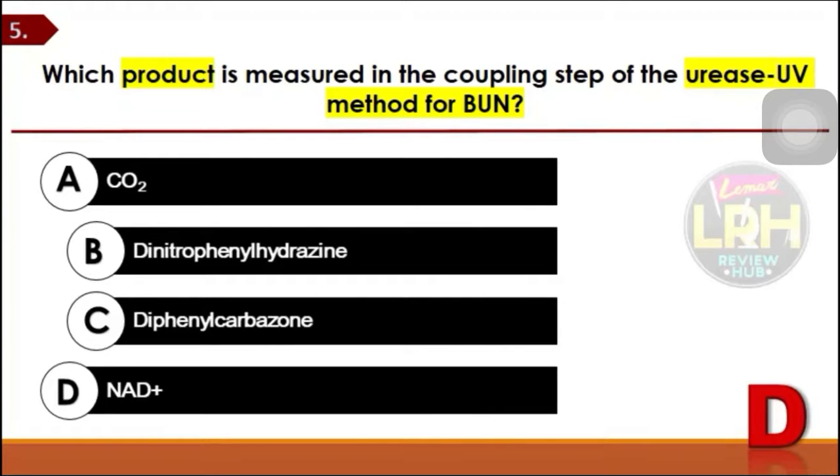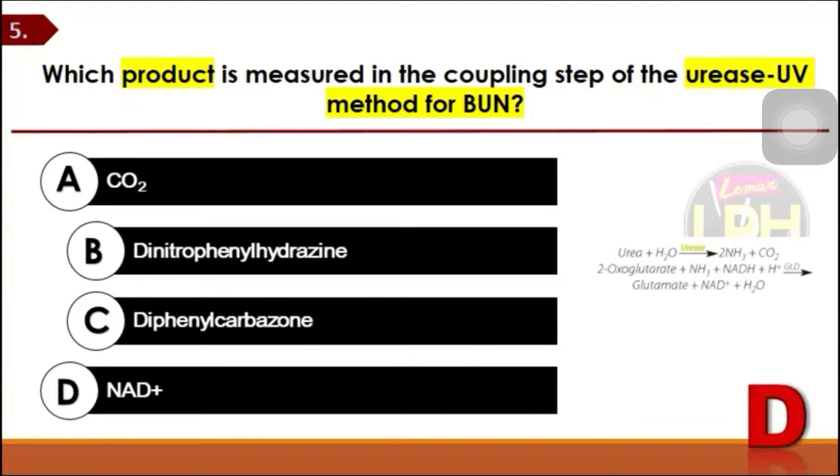Again, letter D. Remember that BUN is most frequently measured by the urease UV method, which uses a urease reaction coupled to a glutamate dehydrogenase reaction, generating NAD+. Urease is used to hydrolyze urea, forming carbon dioxide and ammonia.